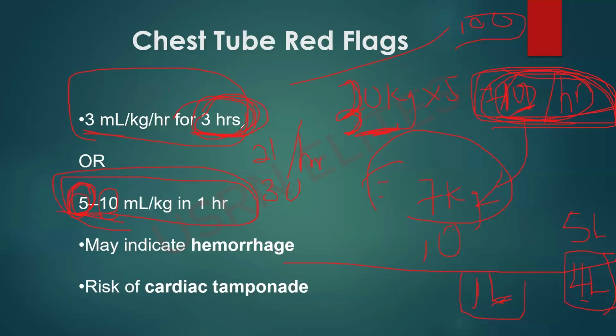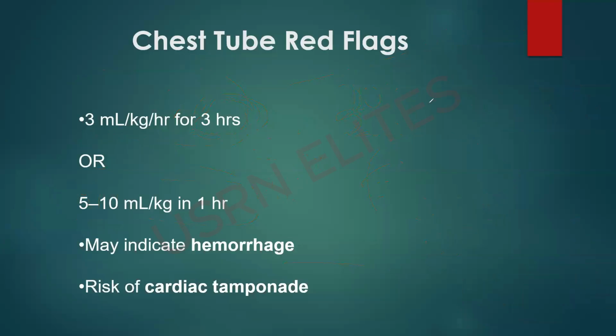Please take note whether the person is an adult or a pediatric patient. For an adult, it shouldn't exceed 100 mils per hour. I hope that one is clear to everyone, right? So this one, let us take note. That's our first point here.